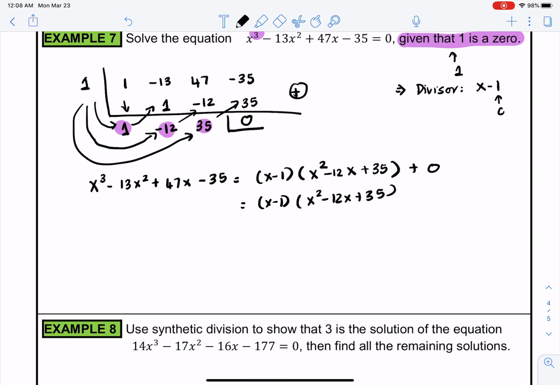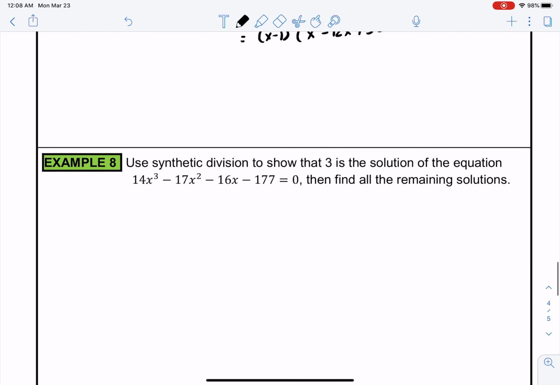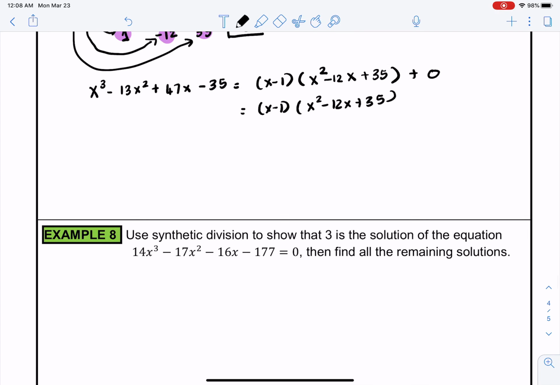But note, in this problem, it clearly says we have to solve, which would imply we have to set the original function equal to 0 and solve for x.